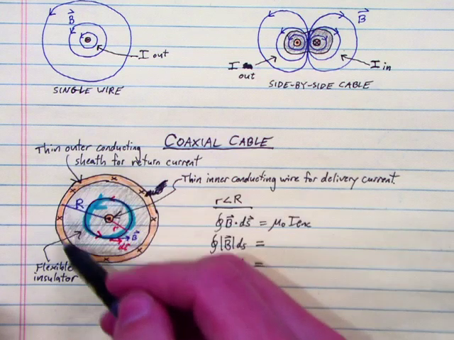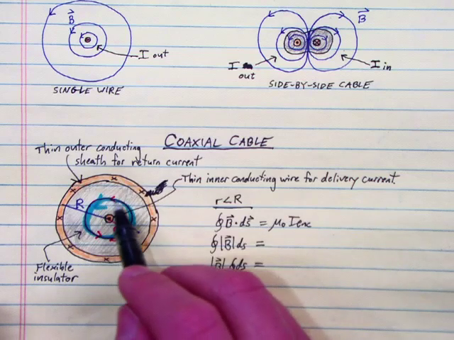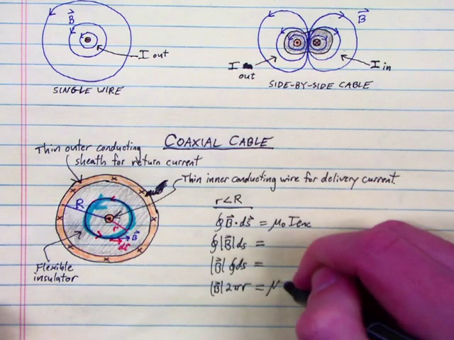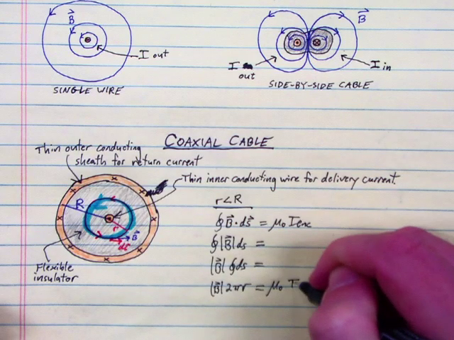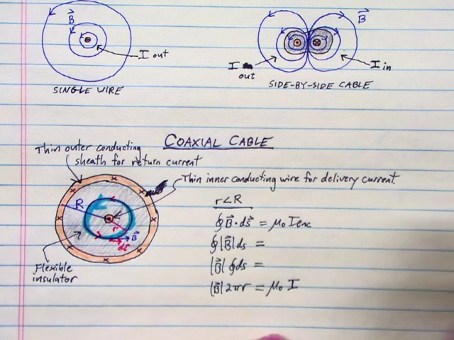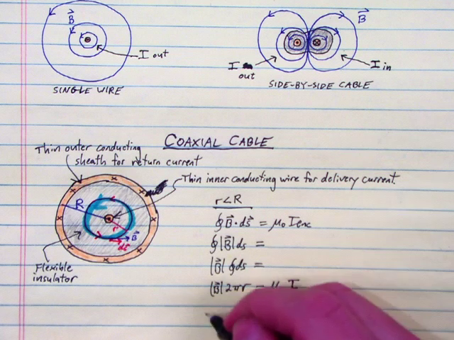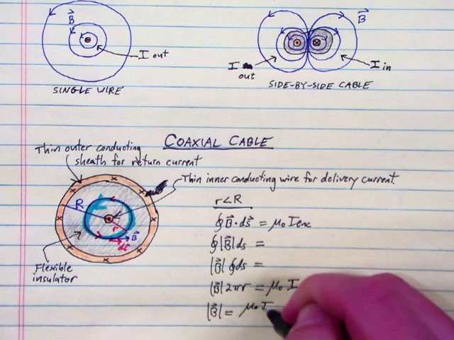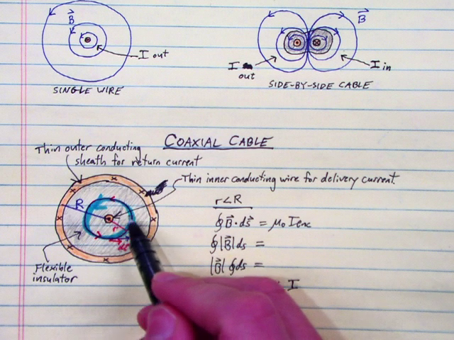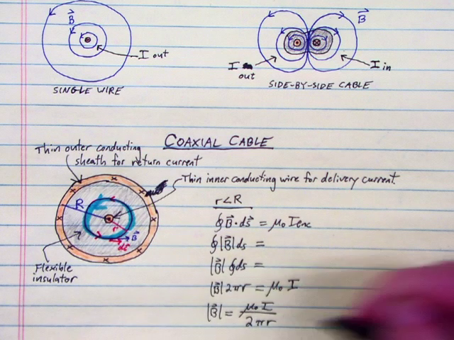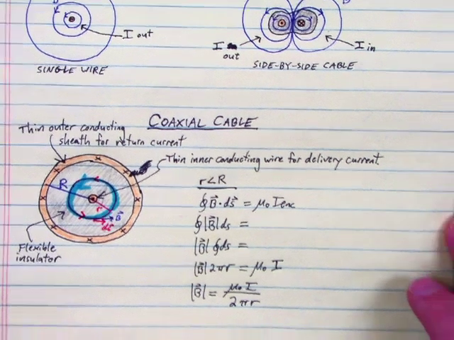The outer return current is not passing through the region bounded by our loop. So current enclosed is just plus I on the inner wire coming out of the board. Okay, so we have here our magnetic field in that space between the inner wire and outer sheath, given by this now familiar formula.